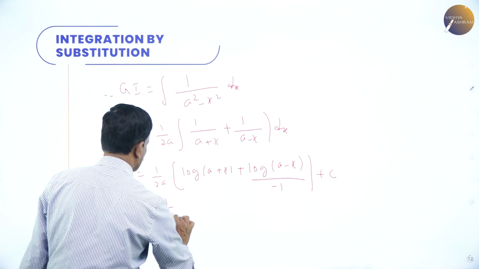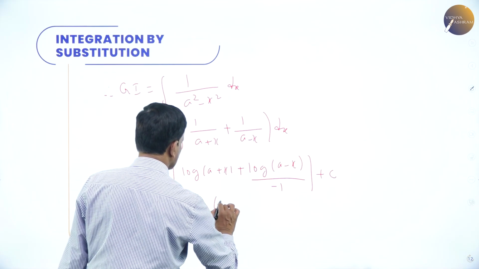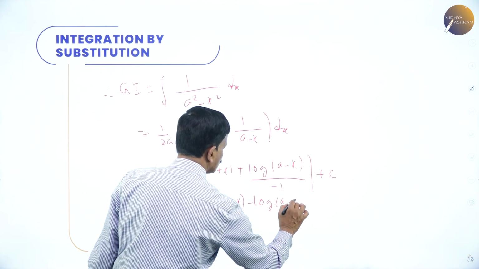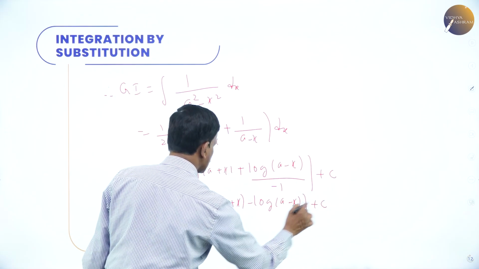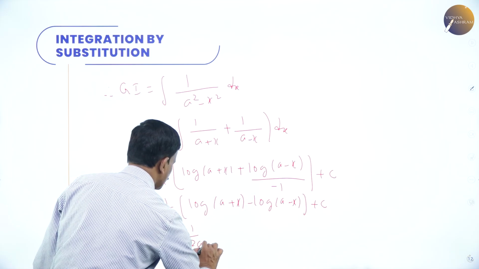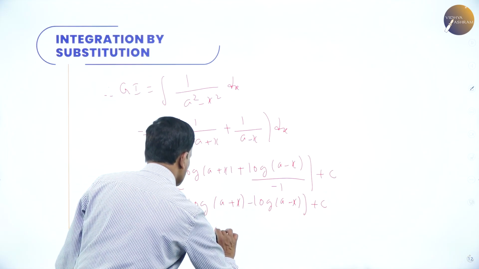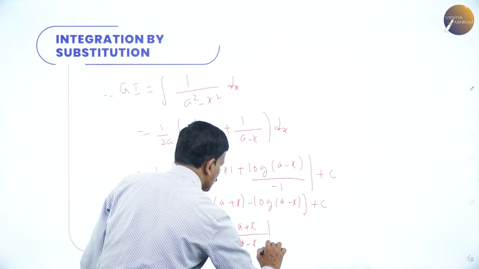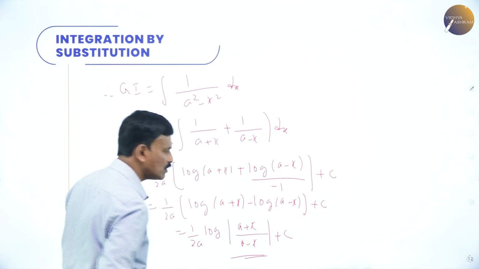So this is 1 over 2a into log of a plus x minus log of a minus x plus c. This is nothing but 1 over 2a into log of mod a plus x divided by a minus x plus c, the integrated answer, right?